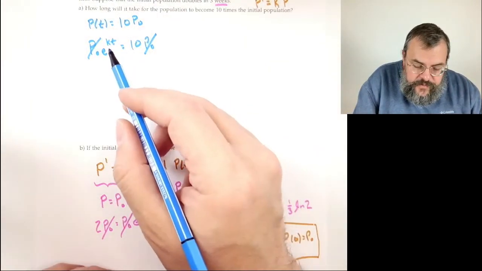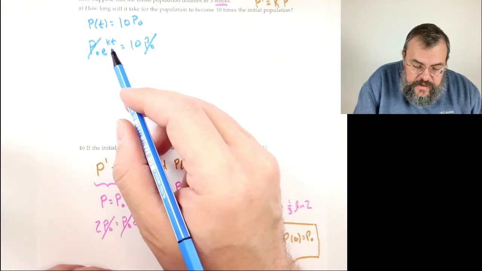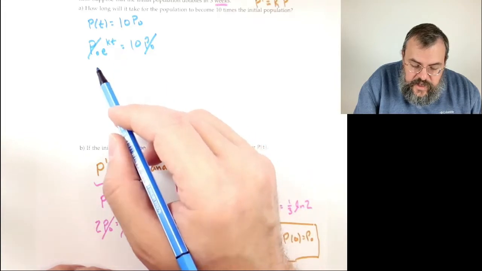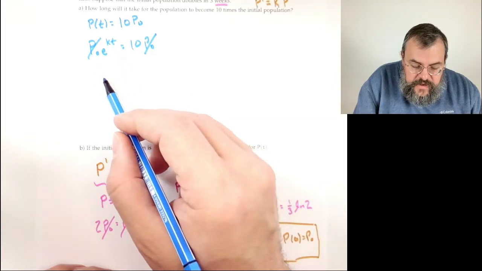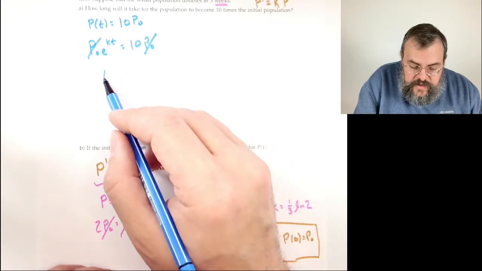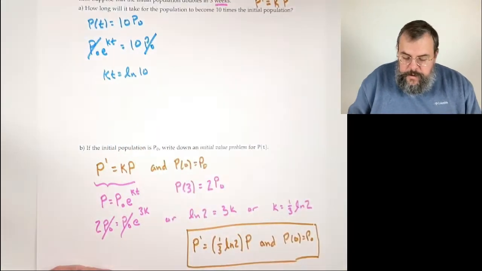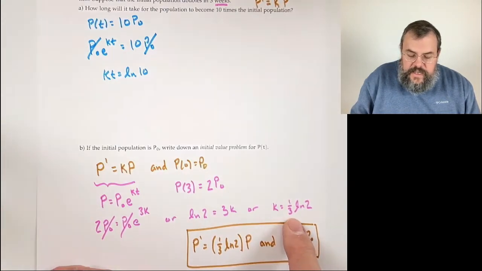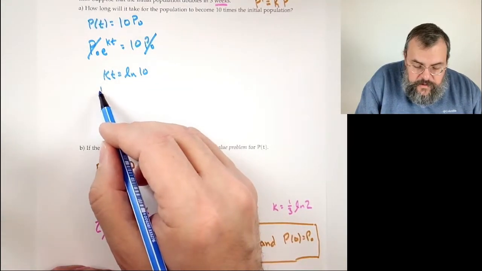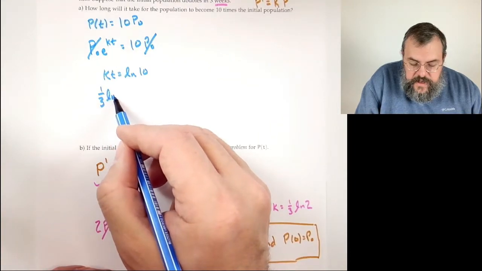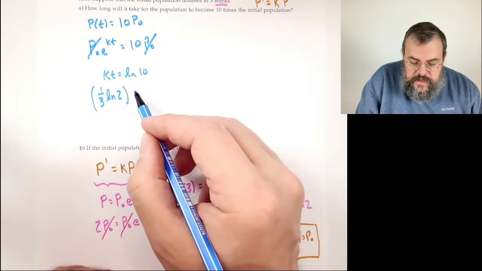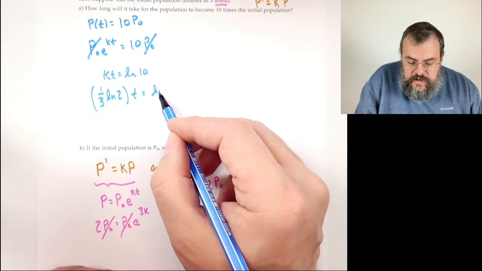Well, get the Kt out because we're trying to solve for t. So take natural log of both sides. K times t equals natural log of 10. But now we can come back and say, well, we know what K is. So we have 1/3 natural log of 2 times t is natural log of 10.